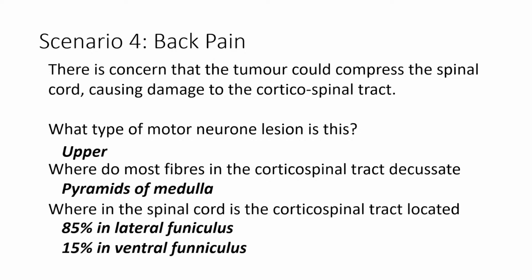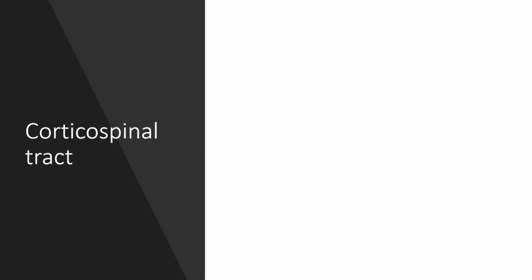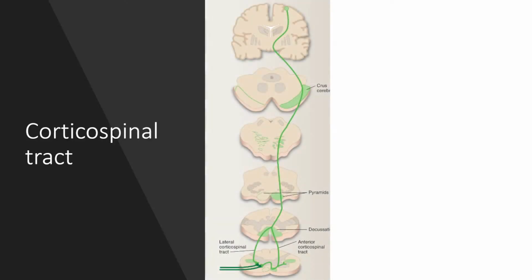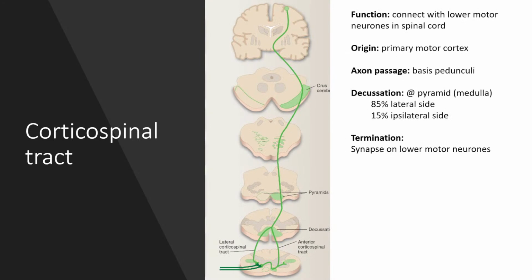So let's have a look at the corticospinal tract. The corticospinal tract, this is the primary motor cortex. What we have here is that it's trying to connect the lower motor neurons in the spinal cord with the brain. How does it do this? So this is from top to bottom because this is the motor neuron.